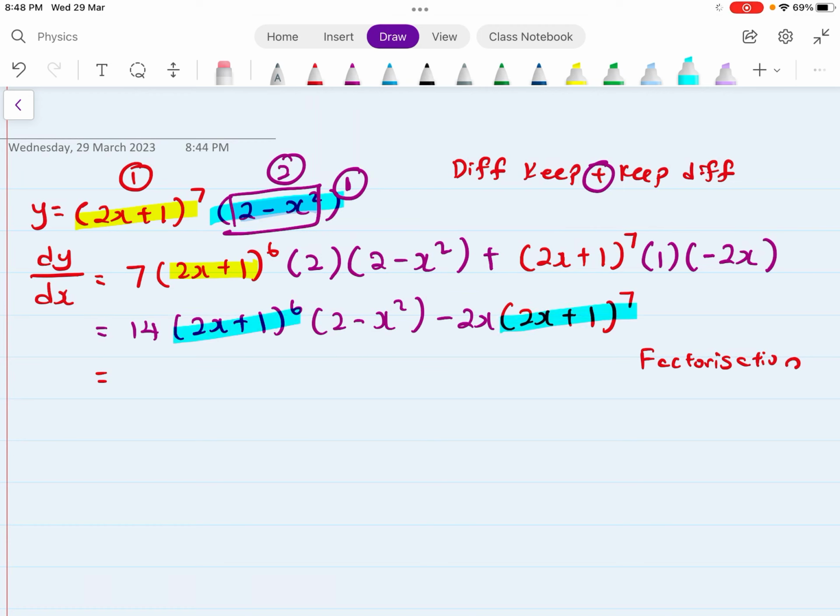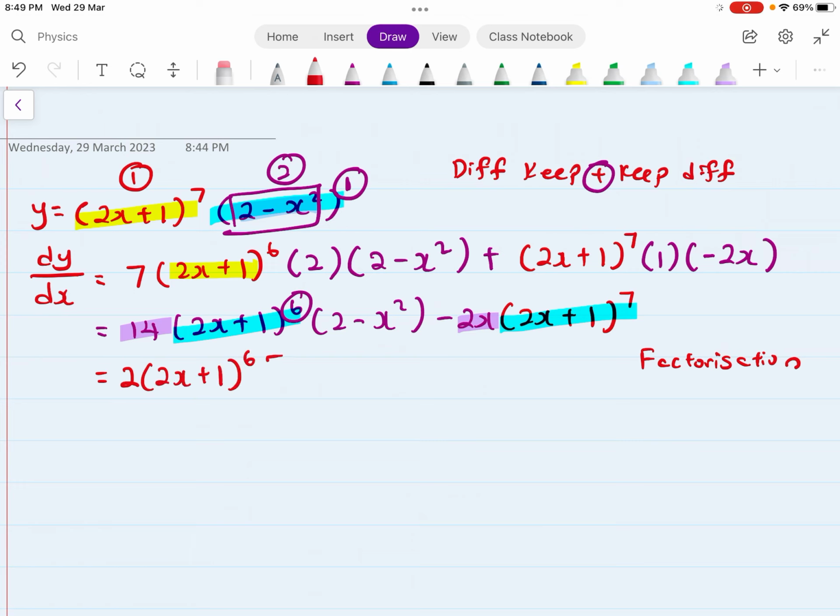Always take out the smallest power, meaning you take out 6. The next thing that you can factorize out is the 2, because here is 14, here is 2x, and there is a common factor of 2. So you take out 2 and the bracket (2x + 1)^6.